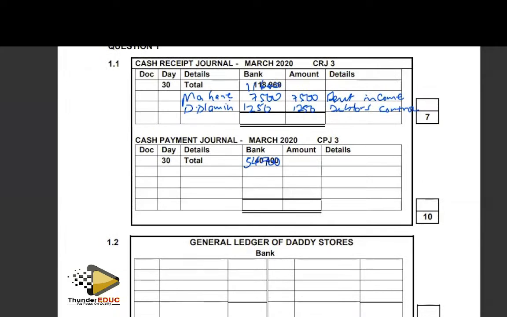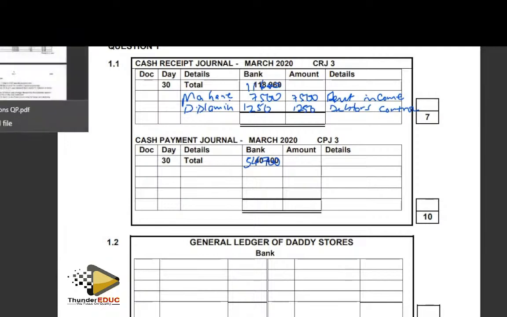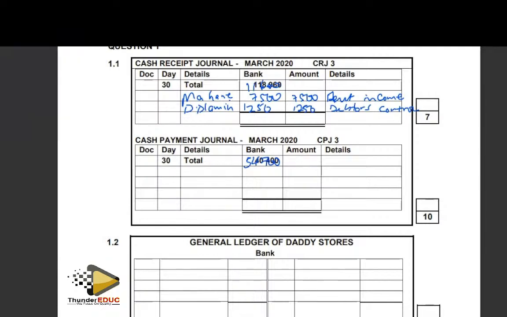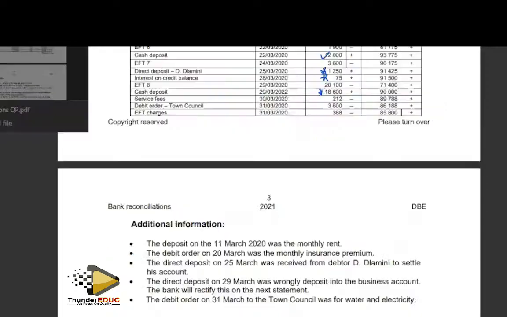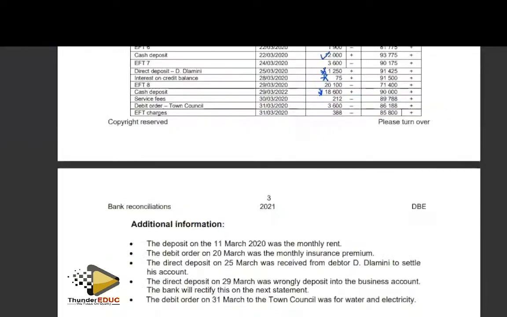Then we have, let me check something here.